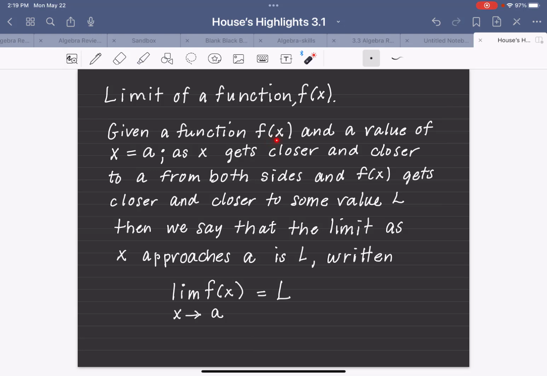Given a function f of x and a value x equals a, as x gets closer and closer to a from both sides, and the value of the function gets closer and closer to some specific value L, then we say that the limit as x approaches a is L, and that's written lim for limit, f of x, the name of the function, x with an arrow pointing toward a, whatever that x value is, equals L, some number.